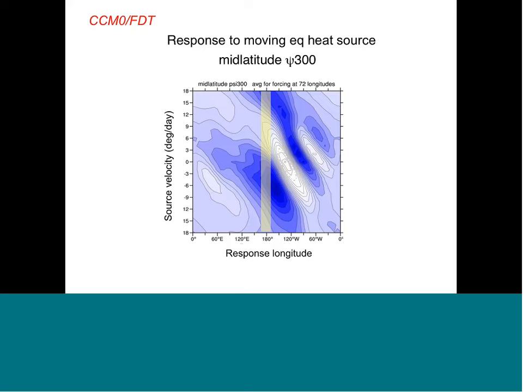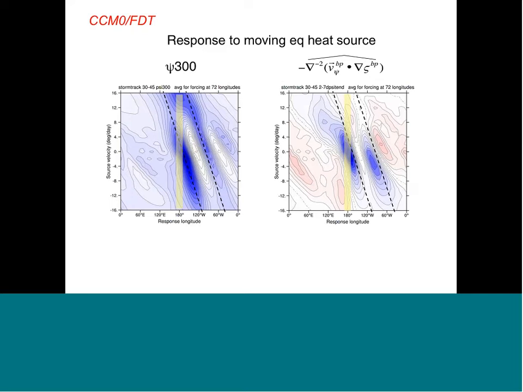Now, of course, we'd also like to know whether this is affecting higher frequency transients, so the synoptic eddies, for example. The next diagram has to do with how the storm tracks are reacting to a moving source in the tropics. This has the same layout as the previous diagram, except now we're looking at a storm track quantity, namely the feedback produced by the transient eddies and their associated momentum fluxes, which we've represented as a stream function tendency.